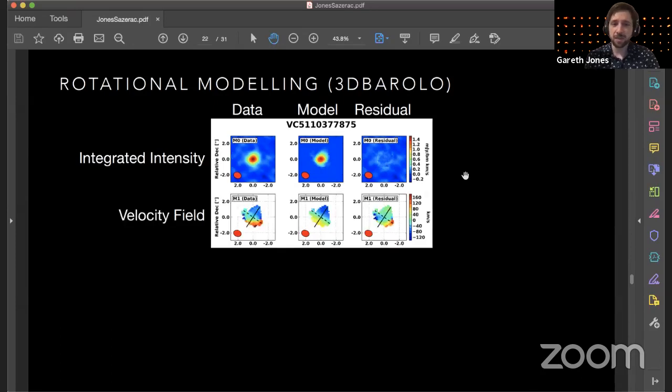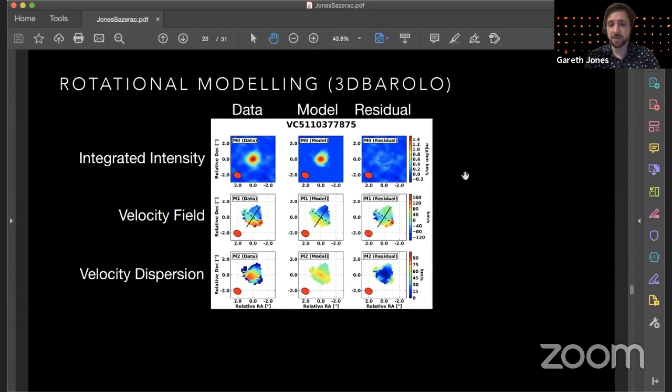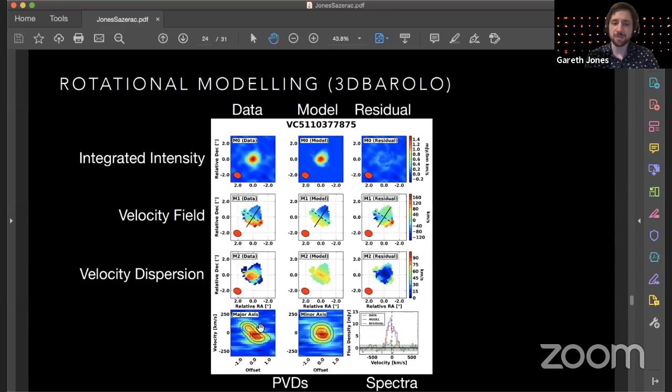We can do the same for the velocity field, the velocity dispersion field, and the position velocity diagram, which is a slice through the cube taken along the major axis here and the minor axis, where the contours are the model and the color is the data. And then we can also look at the spectra for the data, model, and residual.